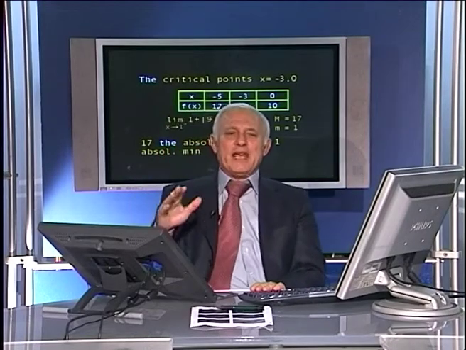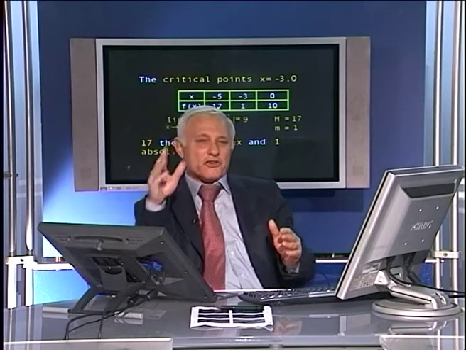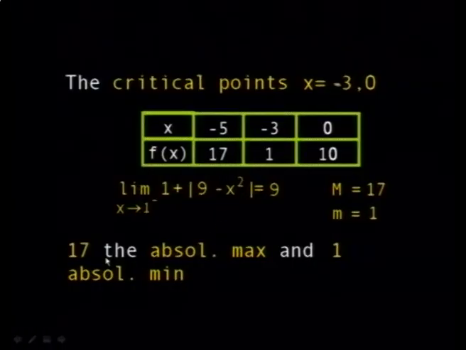Of course, had the function been defined on the closed interval from minus 5 to 1, then there would be no necessity to check the limit from the left-hand side at the point 1. But because here the interval is open, you have to take the limit. We found that the limit is less than 17, so the absolute maximum is 17. And we found also that the limit is greater than m, which is equal to 1.